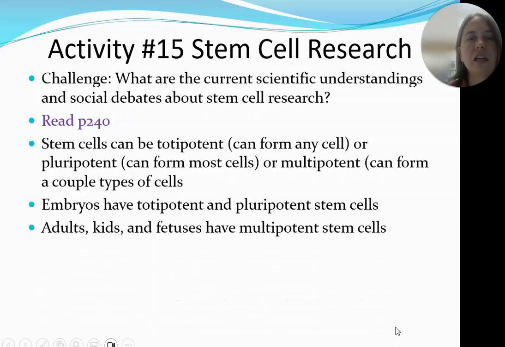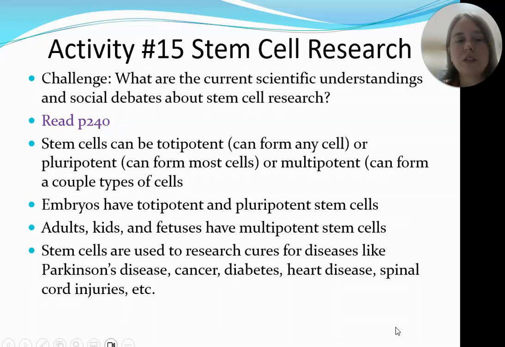So adults, kids, and fetuses only have multipotent stem cells, where a stem cell can form a couple of different types of cells. So by the time it's a fetus, a stem cell cannot do everything. It can only form, maybe it's a bone marrow cell, and it could be a red blood cell, a white blood cell, or a platelet.